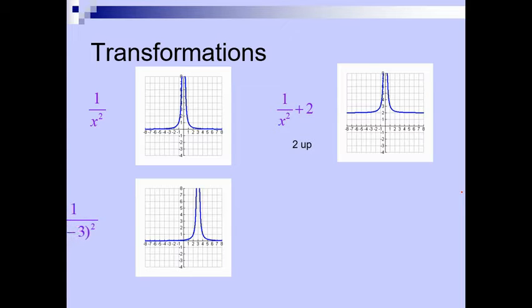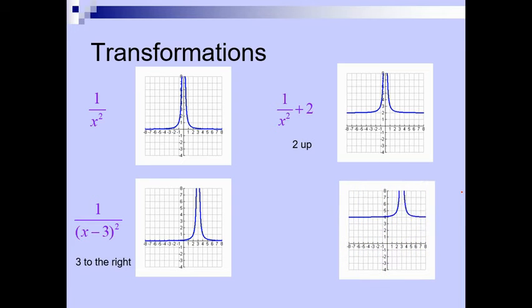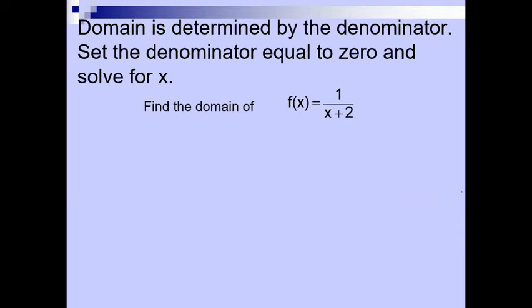That's right, it moved to the right 3. What about this transformation? All right, so in this case, we moved up 4 and then we moved to the right 3.